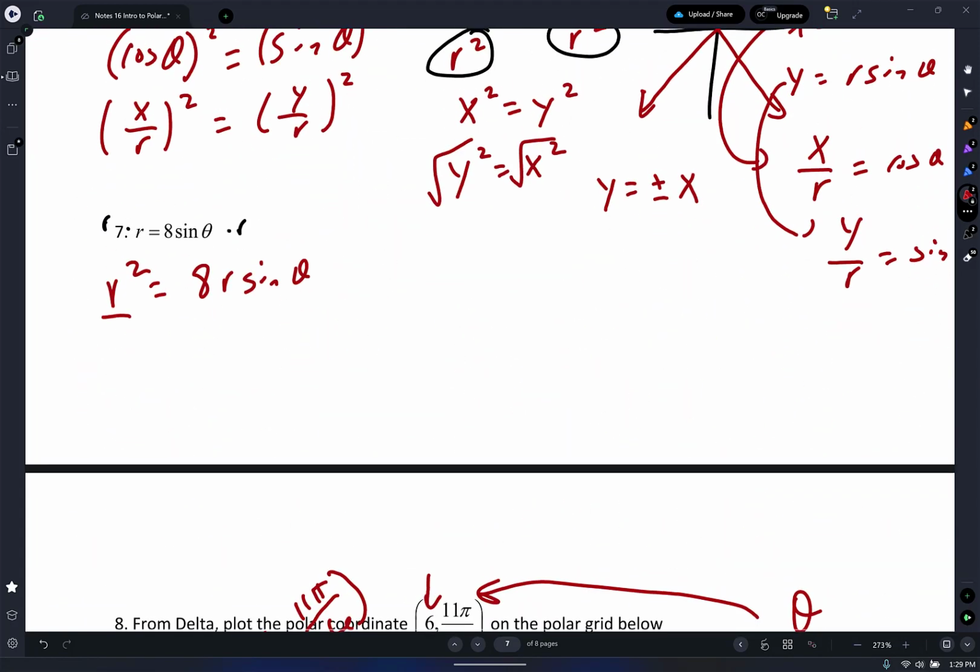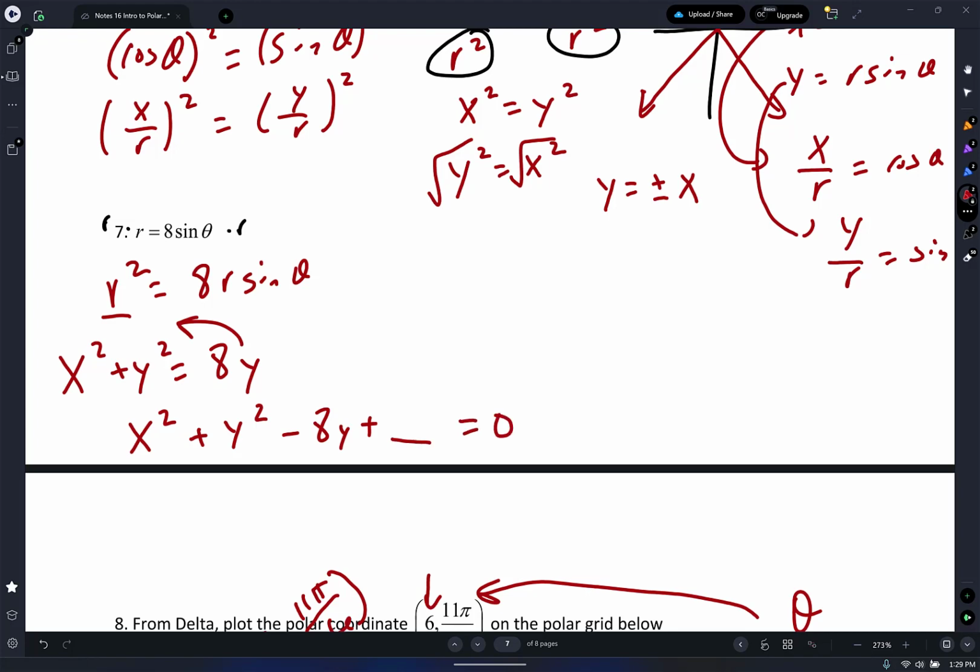So I come back and I go x squared plus y squared equals 8y. I'm going to complete the square again. So move the 8y to the left. So I'm going to write x squared plus y squared minus 8y plus blank equals 0.